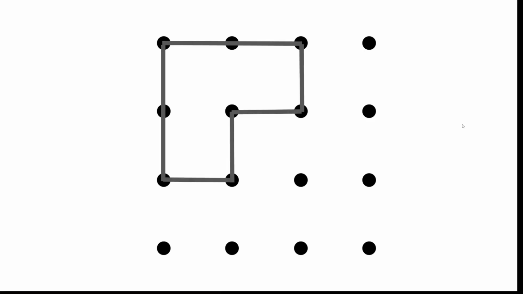So for example, I might have a loop that looks like this, where I'm connecting all these different dots to each other, and that would be a valid Slitherlink loop. And the question that the Fiddler asks is, how many valid Slitherlink loops are there in this particular grid?